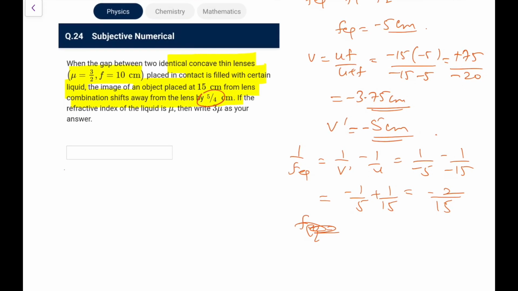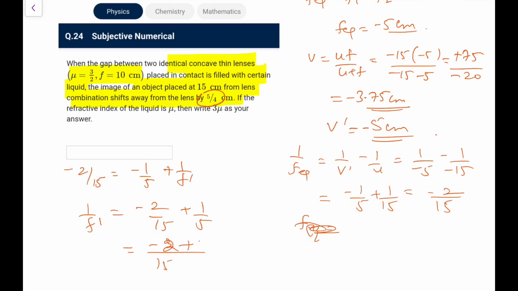So 1 upon F equivalent is minus 2 by 15, which equals minus 1 by 5 initially plus 1 upon F dash, the additional one. So 1 upon F dash would be minus 2 by 15 plus 1 by 5. This is minus 2 plus 3 over 15, that is 1 by 15. So the new additional one would be 15 centimeter.